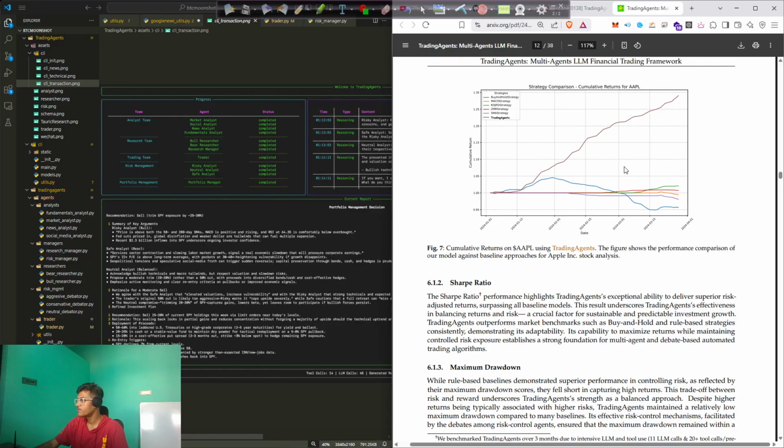SMA strategy, purple line also failed. Trading agents, this brown line, is going steeper and steeper upside. That's your exponential growth, and that's what we need in trading strategy. We have very less drawdown, and this is our exponential function.